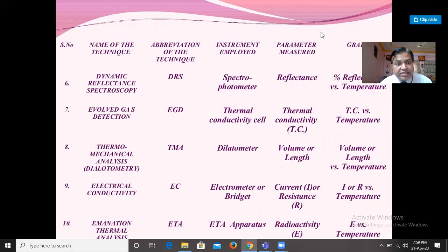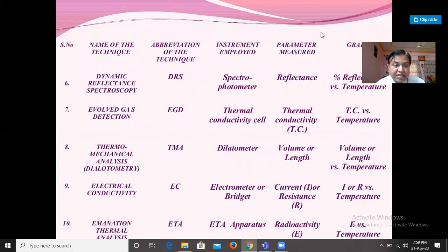Another technique is dynamic reflectance spectroscopy, a spectrophotometer we require, and the abbreviation of this technique is DRS. Evolved gas detection, that is called EGD analysis. A thermal conductivity cell is required in this method.